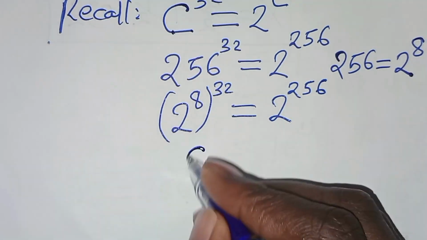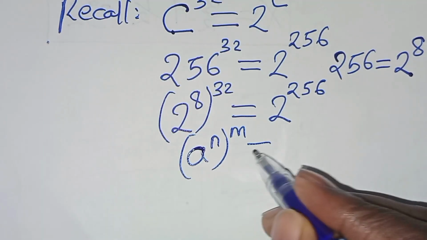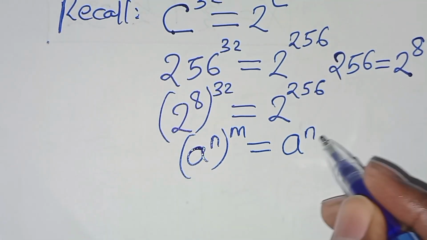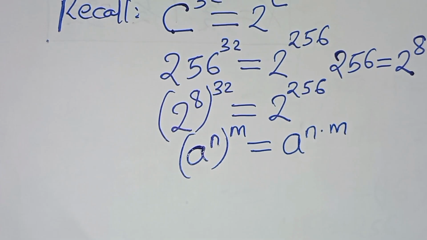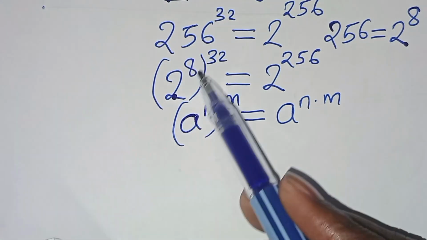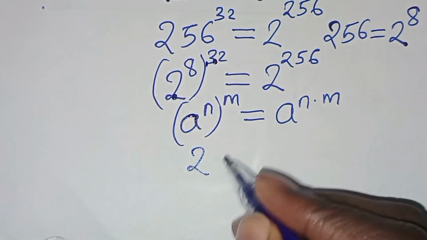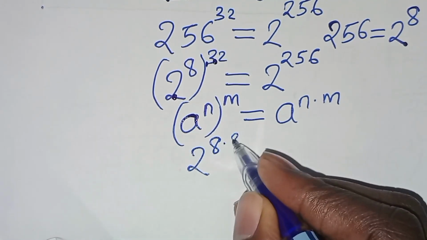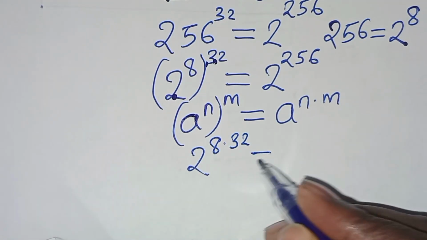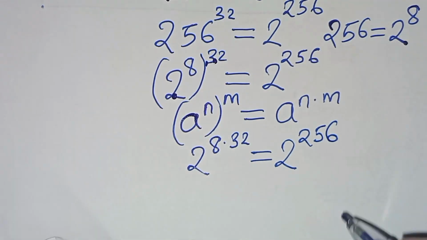So given that a to power n raised to power m can be expressed as a to power n times m, this implies that we can express 2 to power 8 raised to power 32 as 2 to power 8 multiplied by 32. This is equal to 2 to power 256.